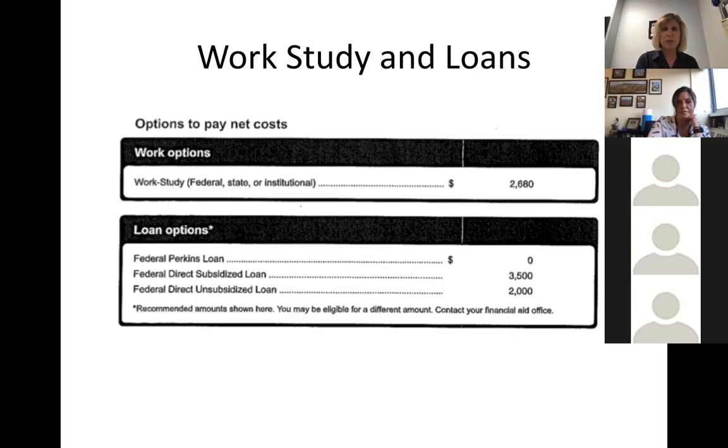So you'll have to be looking at emails as far as when they open up some of the jobs on campus. There definitely are jobs that are, I don't want to say better than others, but that may work better with your schedule. For instance, you could scan IDs in your dorm, maybe at the front desk. Oftentimes you can be doing homework when you're not busy scanning IDs.